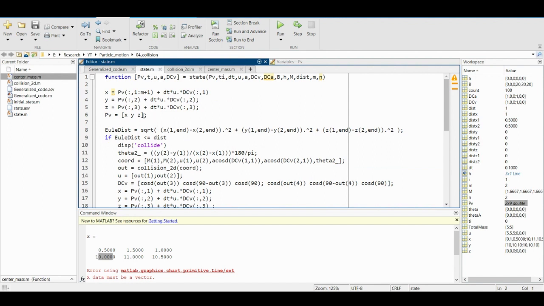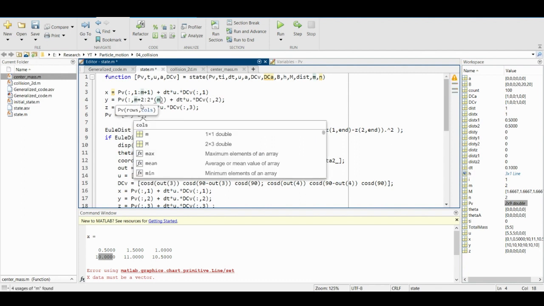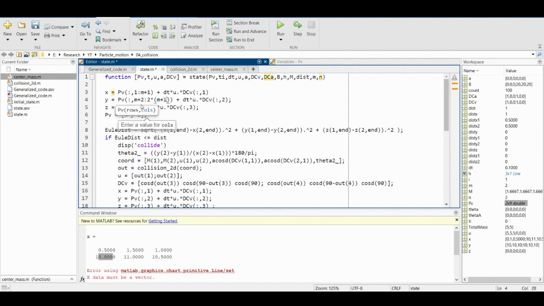Same thing for this. X is working, and then the same thing for Y. It will be like from m plus 2 to twice m plus 1. Yep, it's like 2 plus 2 is 4 to 6. 3 to the 6. And in here it would be from m to m plus 1.